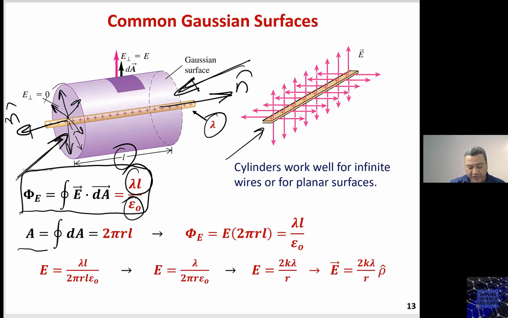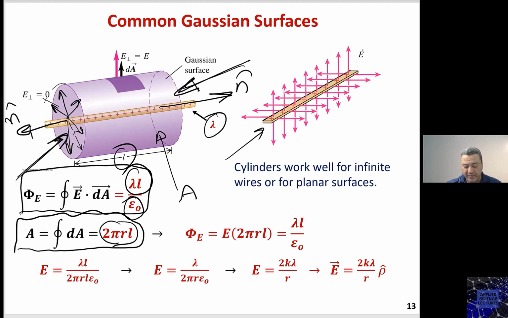Then if I integrate only with respect to A, which is the area of this shell, it would be the circumference times the length L, and that's why we said that the area here is 2 pi r times L.